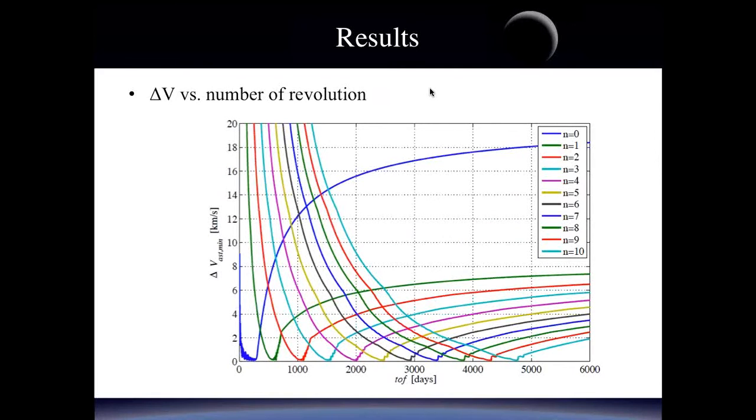And this second figure shows the relation between total delta V and the number of revolutions. Each color shows a different number of revolutions. We find that the minimum delta V is almost the same for each revolution, so we fix the number of revolutions at 0 in the later simulation.